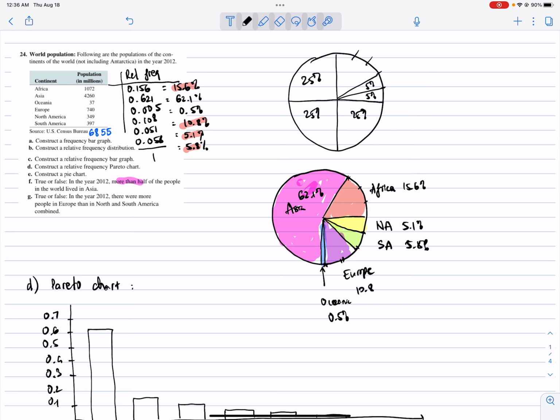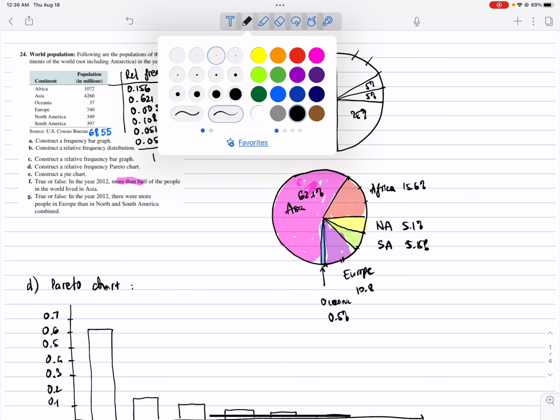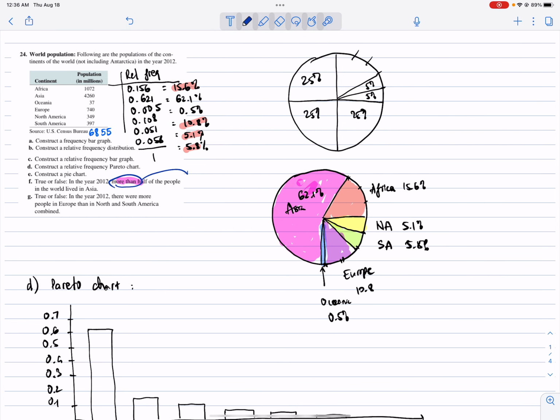So more than half means more than 50%. And it is, right? Because we have 62.1%. Then the answer for this problem will be true, because 62 is more than 50%.